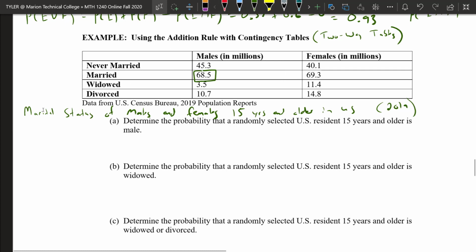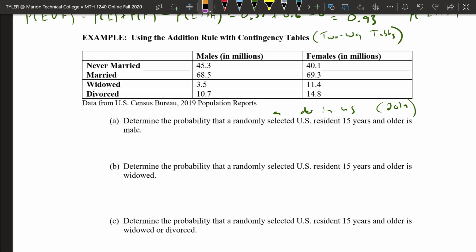I think maybe I'll just erase this part that I had written here. I should have enough room. That way we can see the table and the questions all together. So we want to add a row, call this the total, and add a column for total.